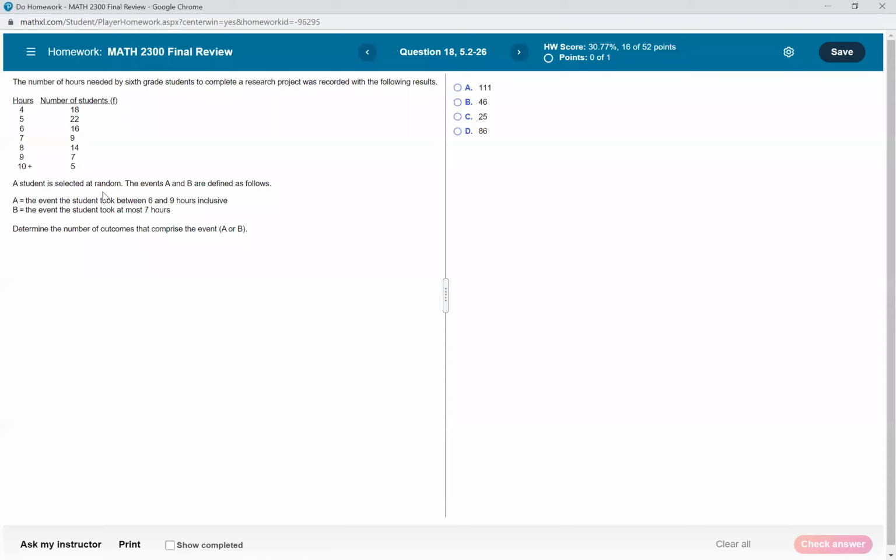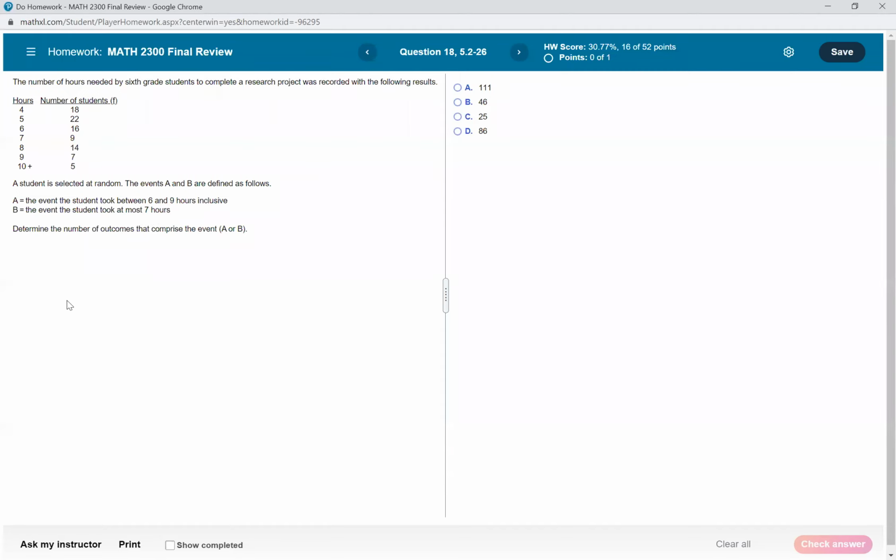A student is selected at random, and the events A and B are defined as follows. A is the event that the student took between 6 and 9 hours inclusive, so the students who took 6 hours to 9 hours. And B is the event that the student took at most 7 hours, maximum 7 hours.